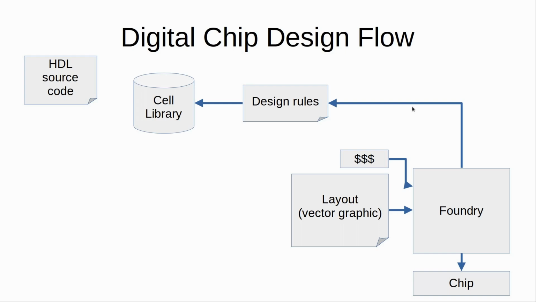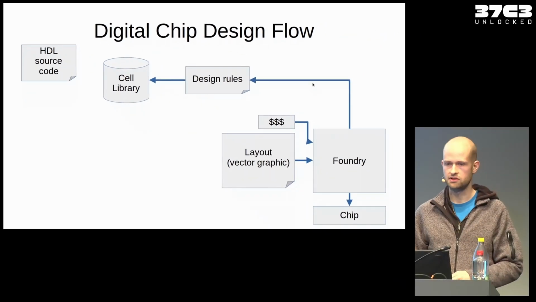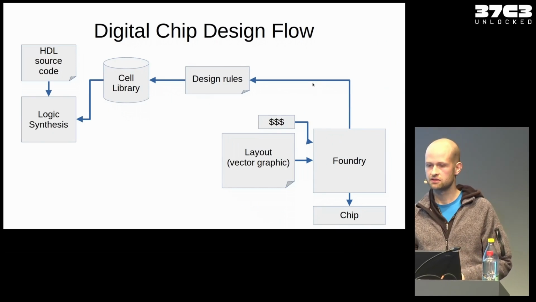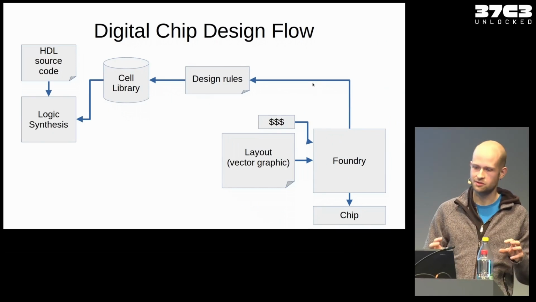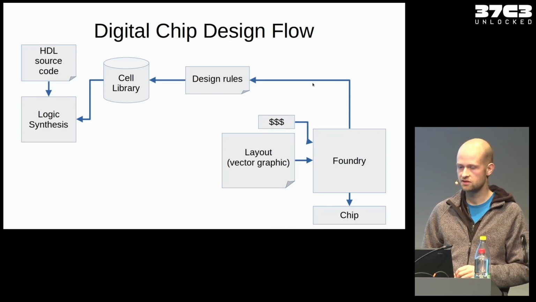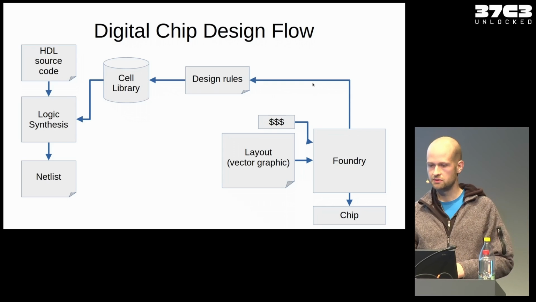And when you have these design rules, you can create standard cells, a so-called cell library. That's a collection of logic gates that you can use in your digital circuit. Then, based on that, you can compile your source code into a circuit. That's called logic synthesis. You get a netlist.